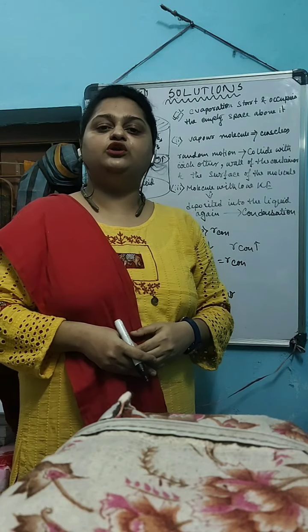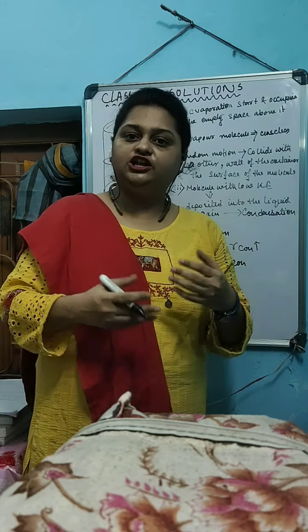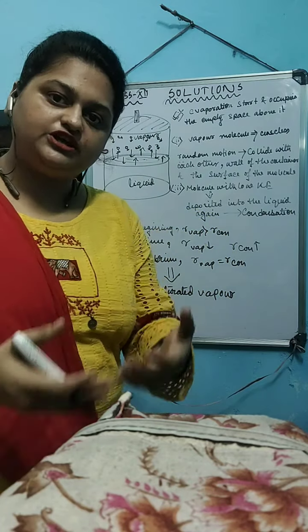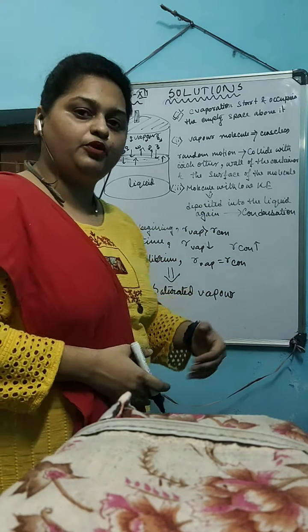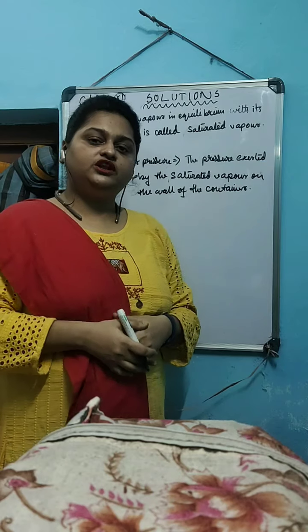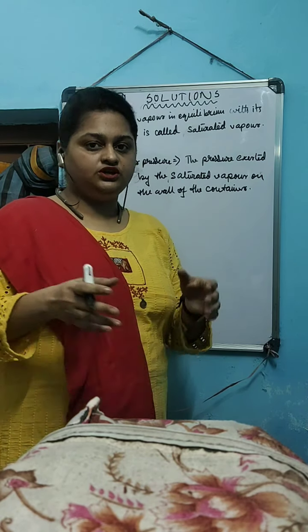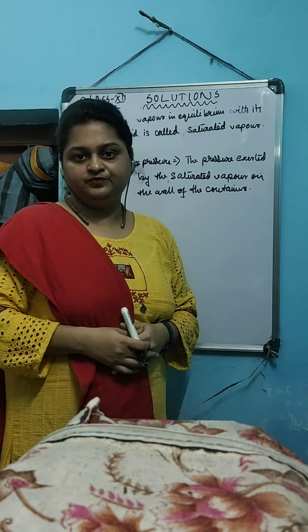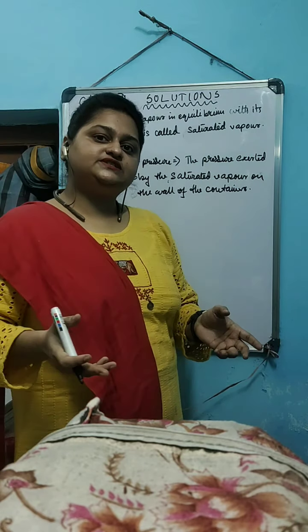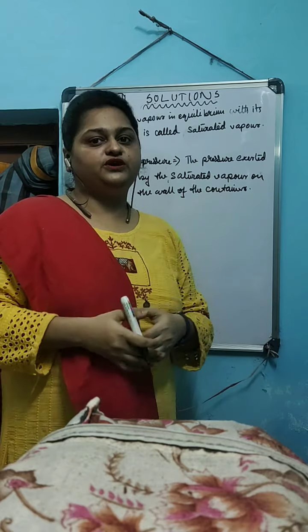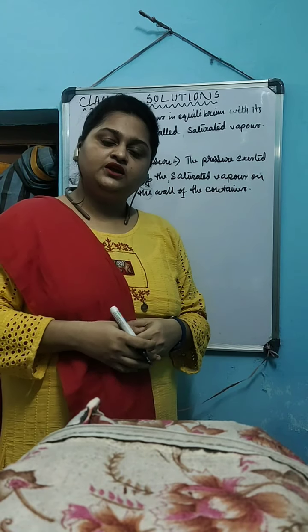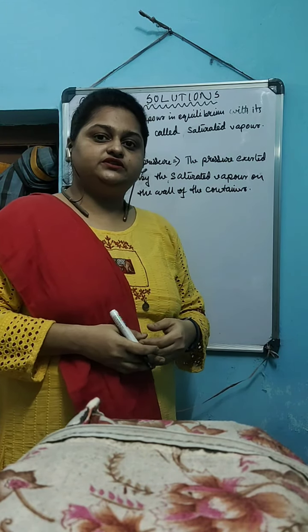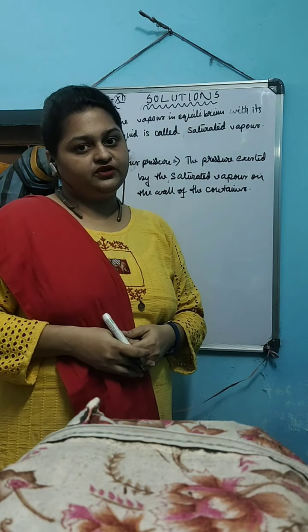At that particular point, the liquid has reached its saturation point. When the liquid is introduced into the confined container, the vaporization process starts first, so vapor molecules start to accumulate from the very starting point, and they exert pressure on the wall of the container.